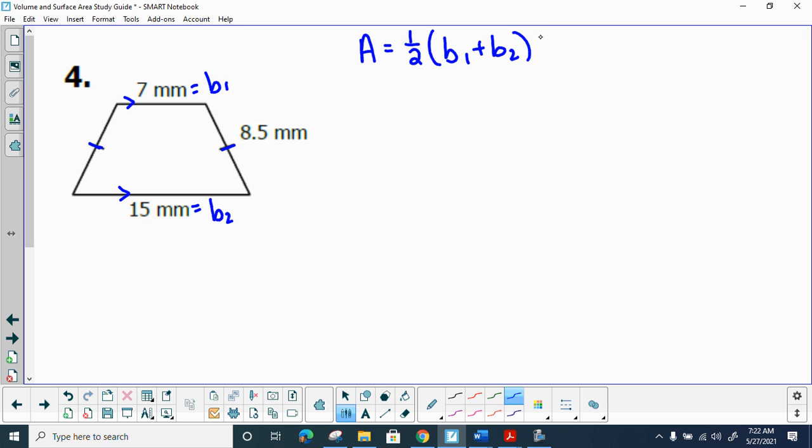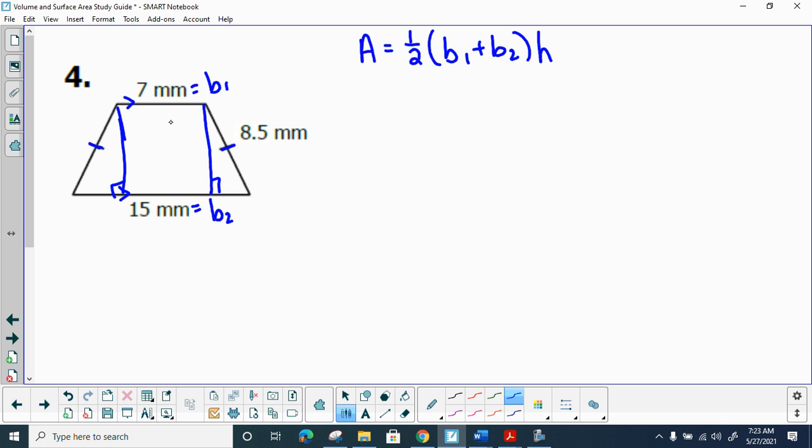Now I need to know the height of the trapezoid, and that height again has to be perpendicular to both the bases. So I need to know this height. It would be the same as this height. Imagine that's perpendicular. Okay, and I don't know that.